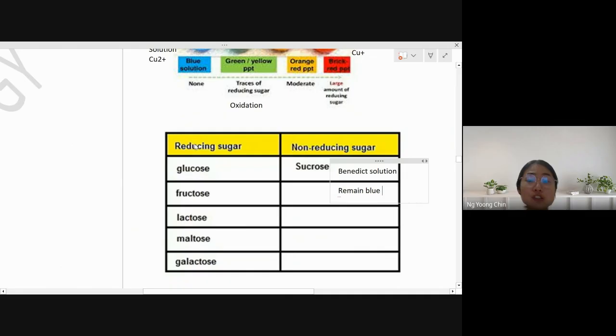But the reducing sugar will cause the Benedict solution to change from blue color to brick red color. So that's the thing that you should know.